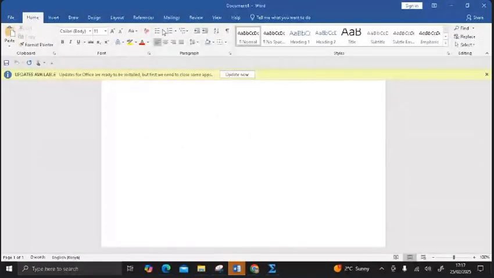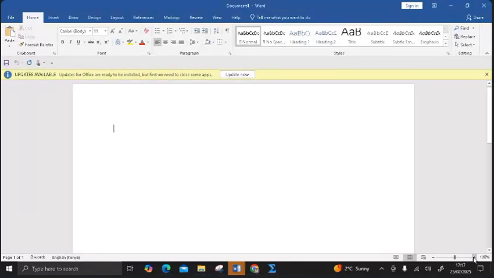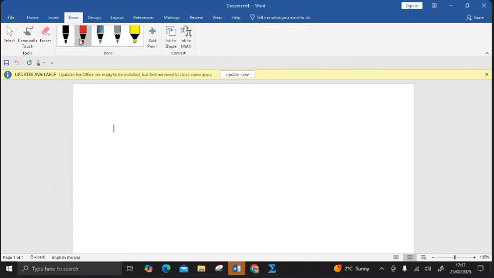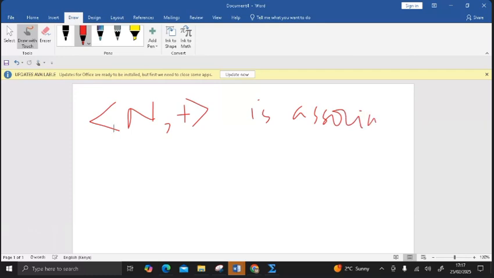And for us to have a better understanding, let me enlarge this. Kindly allow me to use this. Let's pick the set of natural numbers. We're told that this one is associative.